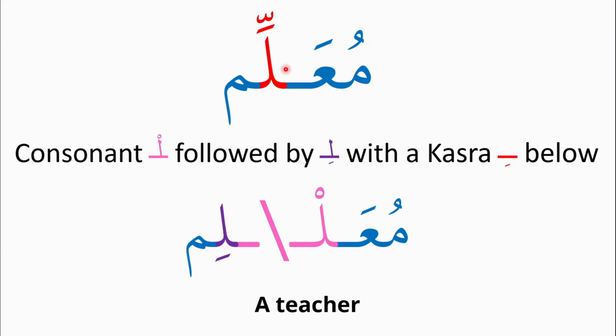Here the letter lam has شدة and also كسرة below the شدة. So we will say this is شدة مكسورة. So to break it down, it's made out of consonant lam followed by lam with كسرة below. If I want to read it this way, معلم. The correct way to say it is معلم, emphasizing on the letter lam again.